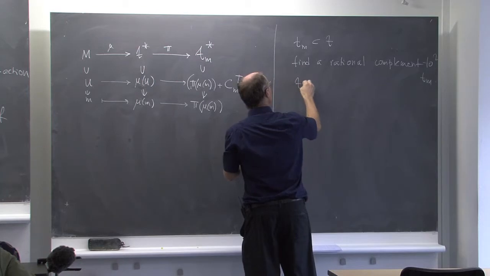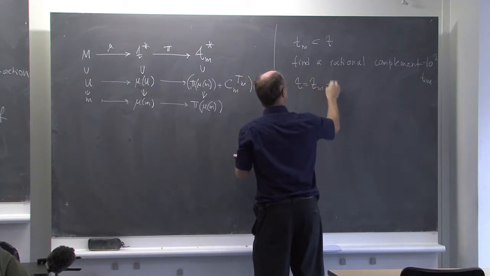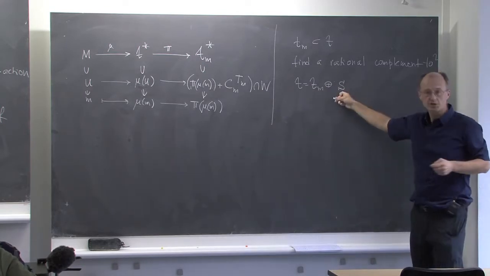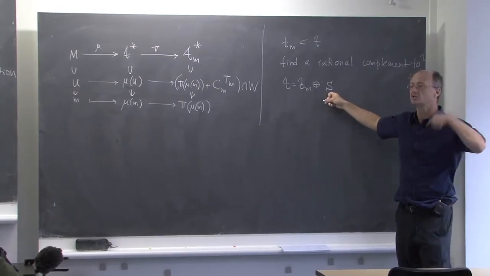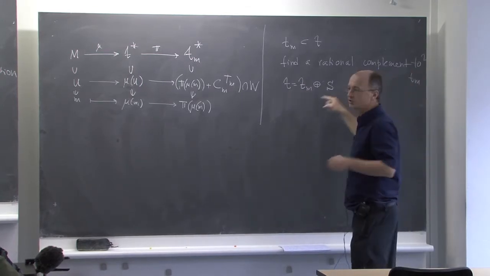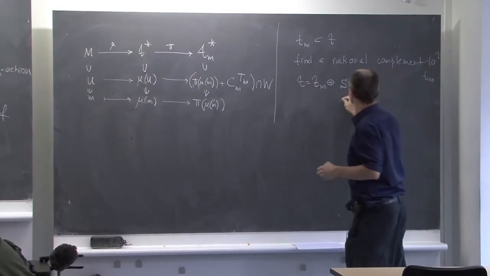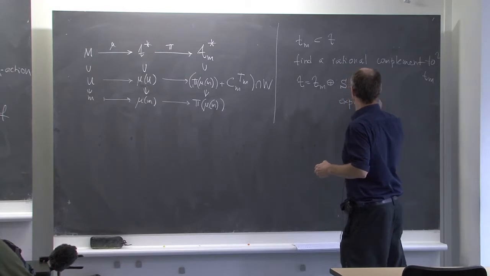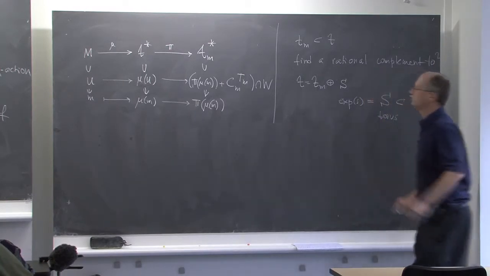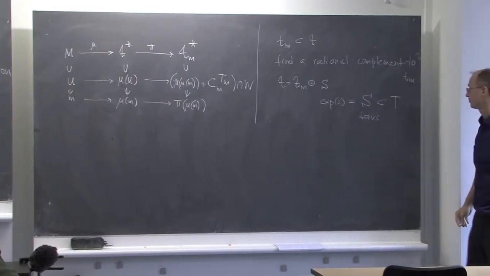So T will now be a direct sum of Tm plus S. Because it's rational, it will integrate to a closed subgroup of T, which is again a torus. So exponential of S is a subtorus in T.